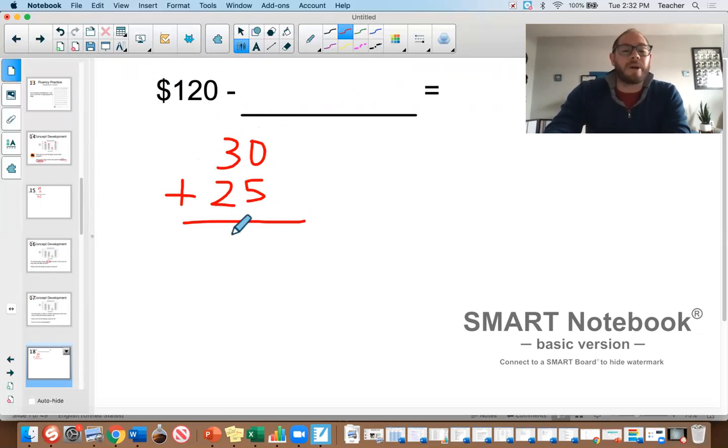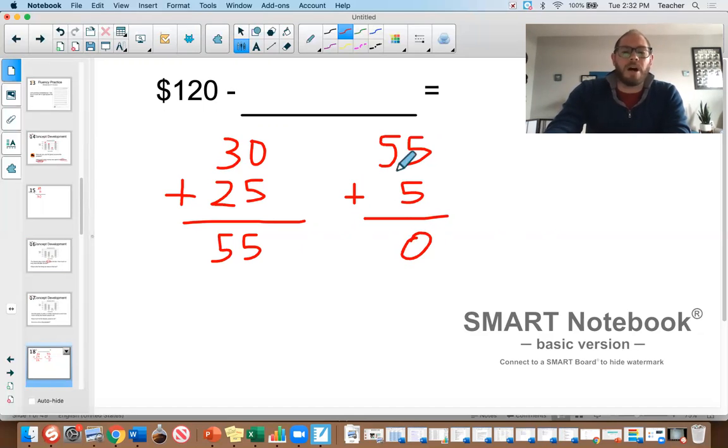So 30 plus 25 is 55. And then I'm going to add the next number, which was $5. So 55 plus 5. 5 plus 5 is 10, so I carry my 1. 1 plus 5 is 6, so 60.